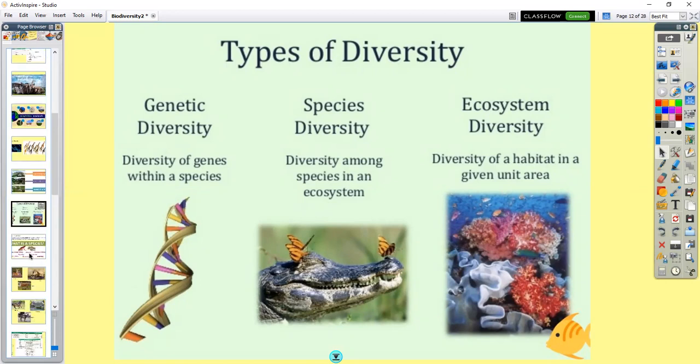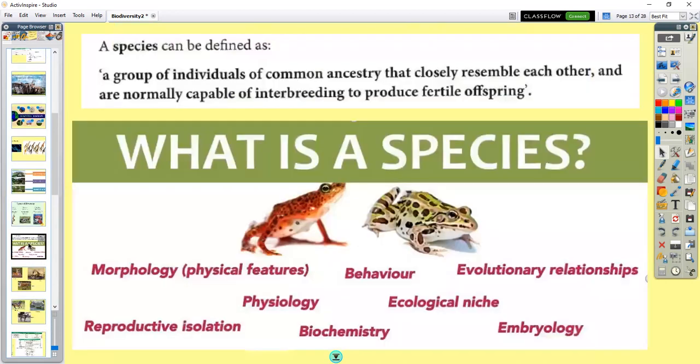Okay, then we go on and talk about classification and the concept of a species. So a species is defined, as you can see at the top here, as a group of individuals of common ancestry that closely resemble each other, so they've got similar features, and are normally capable of interbreeding to produce fertile offspring.